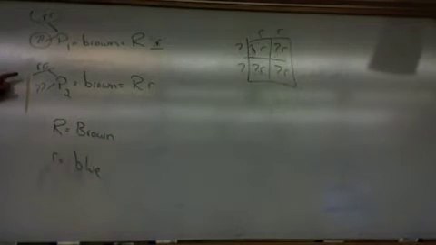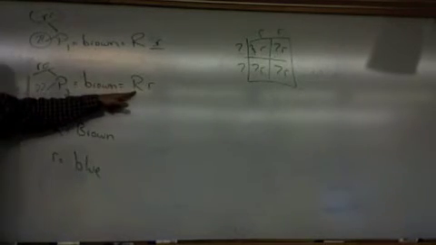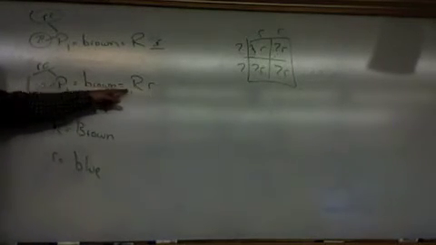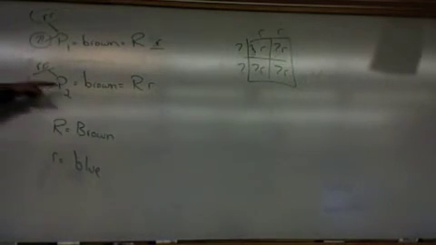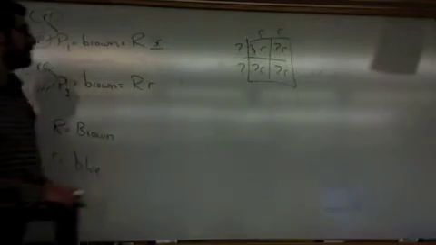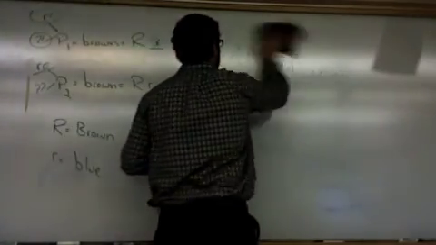What's the only letter he can pass on? Lowercase r. So we know his mom has brown eyes, but he didn't get it from her father because he's got blue eyes. The only thing he could give to her is the blue allele. So that's how we know hers. And now we can solve it like we would typically solve it.